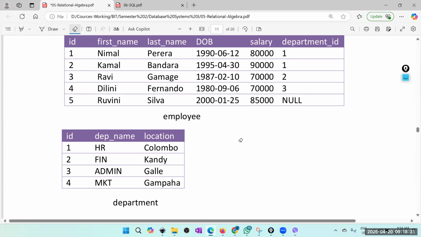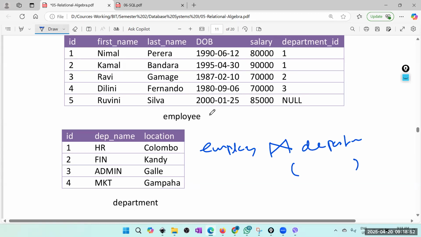Say employee inner join department. Now you need to specify what your joining field is. That is department ID and ID.